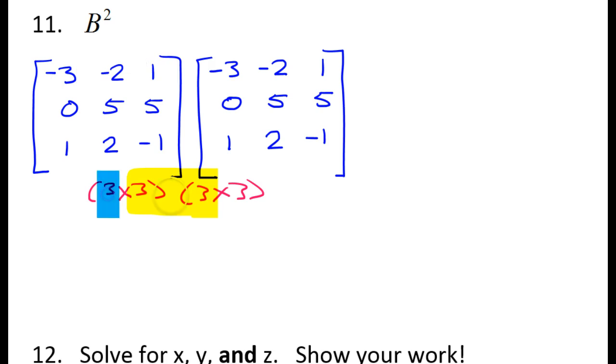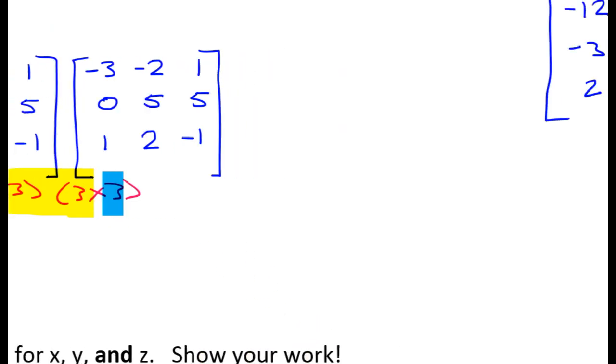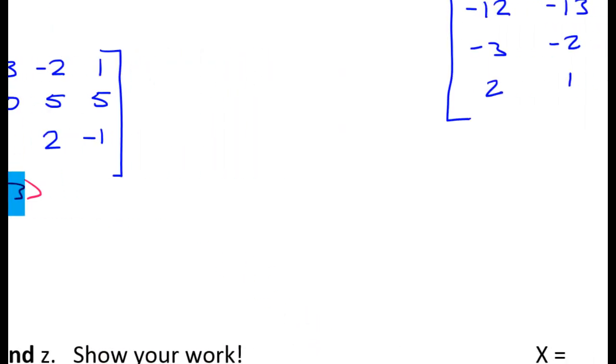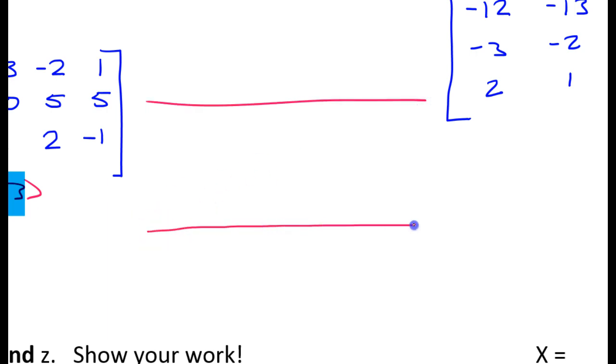We need to know the dimensions of the final answer, and for that we will look at the outer dimensions of 3 by 3. Now that we know that the final answer will be a 3 by 3 matrix, let's set up a giant 3 by 3 matrix in which we will do our work. So that's what I'm doing right now.